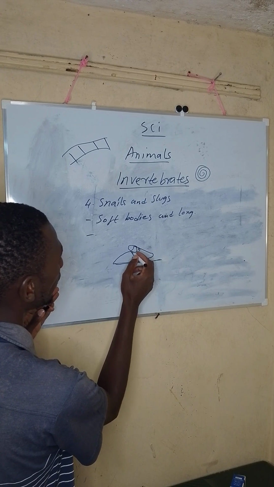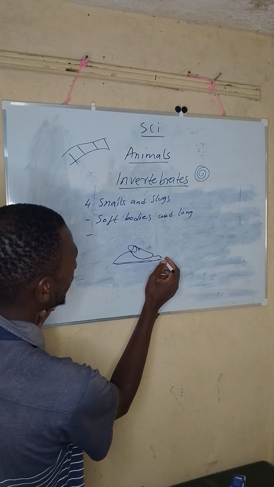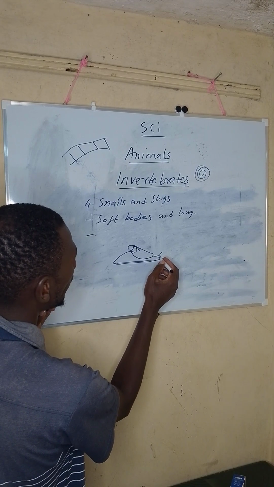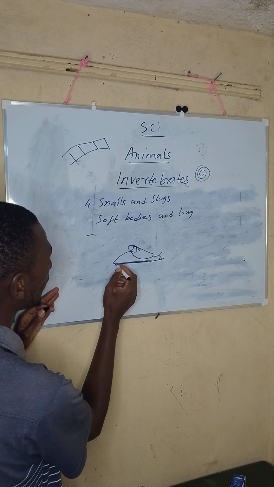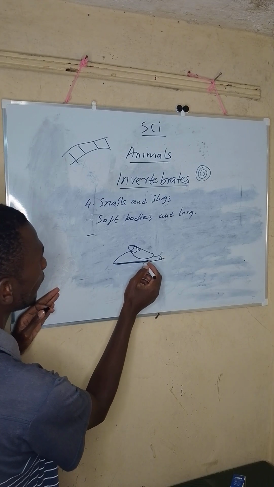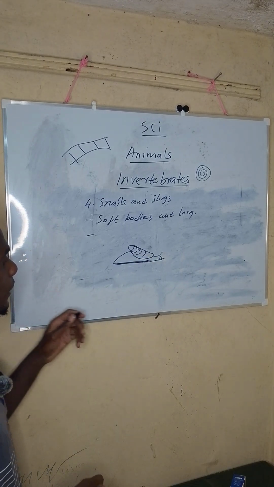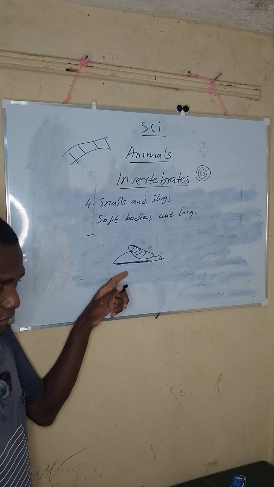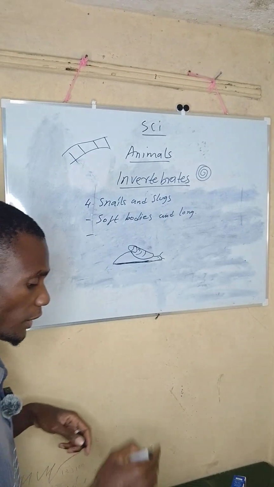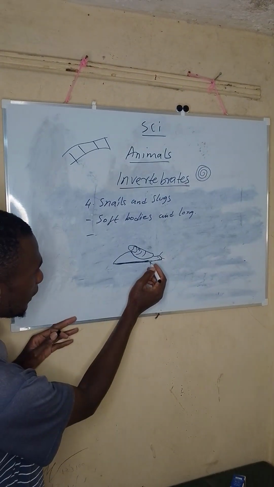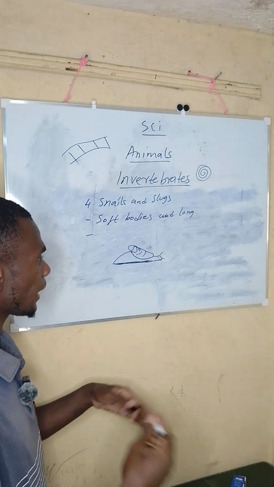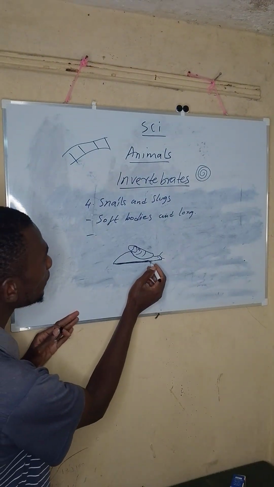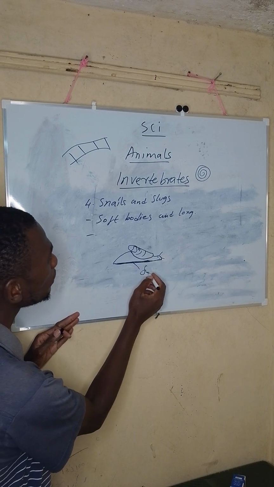The shell, then there is the head. I'm not a very bad artist, I think I'm trying. So this is the shell. This is a snail. These things move by gliding. It's called gliding. So the part they are moving with, this part here, is called the foot.